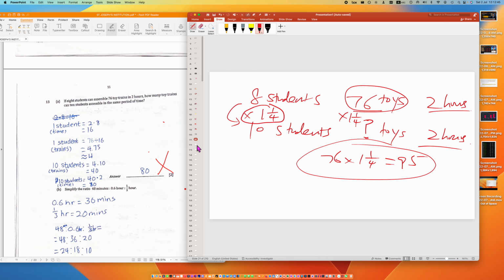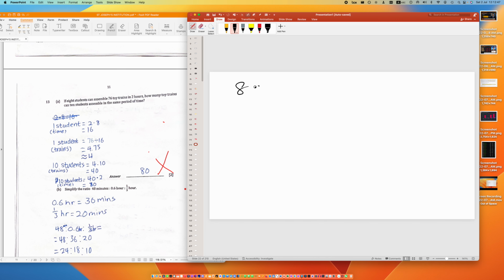So let me give you another one. 8 students, 20 toys in 1 hour. 4 students, how many toys in half an hour? How do you do this question? 4 divided by 8 times 20.